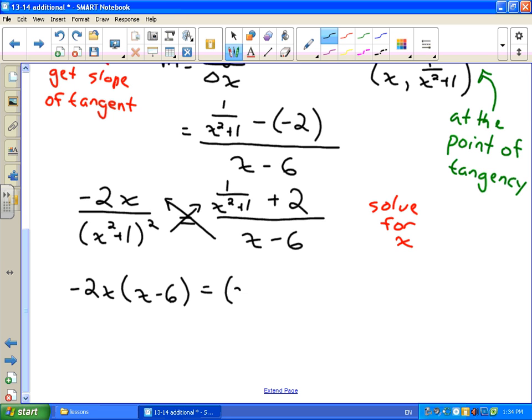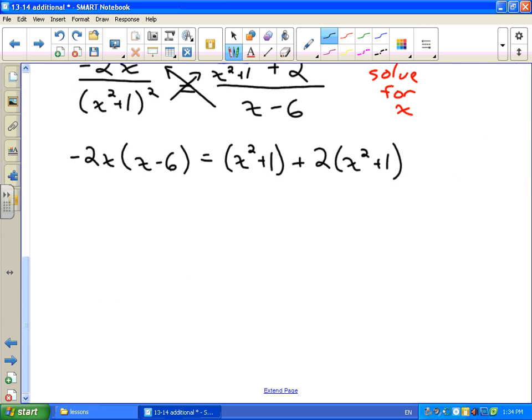So I'll just have x squared plus 1 plus 2 times (x squared plus 1). Now I can expand both sides, so negative 2x squared plus 12x must equal x squared plus 1 plus 2x squared plus 2.